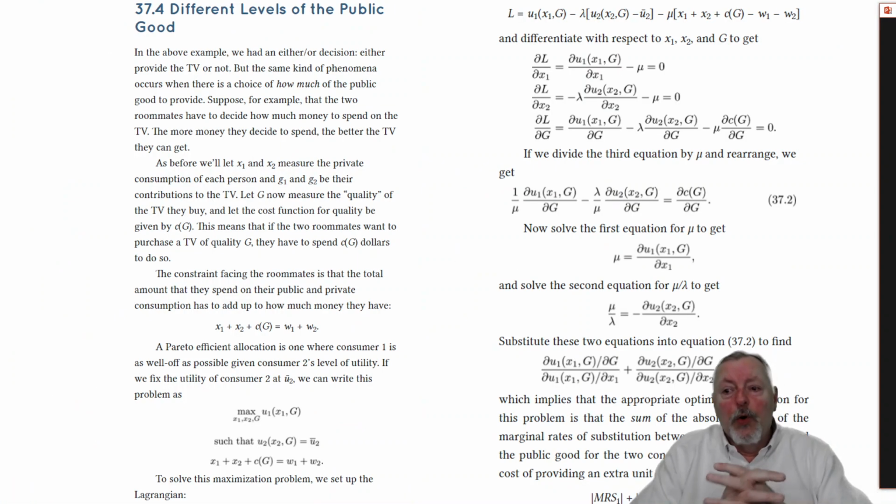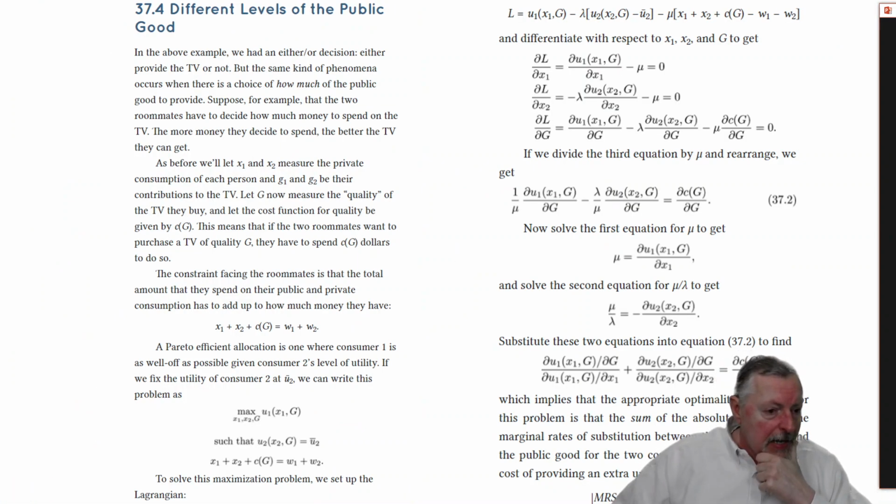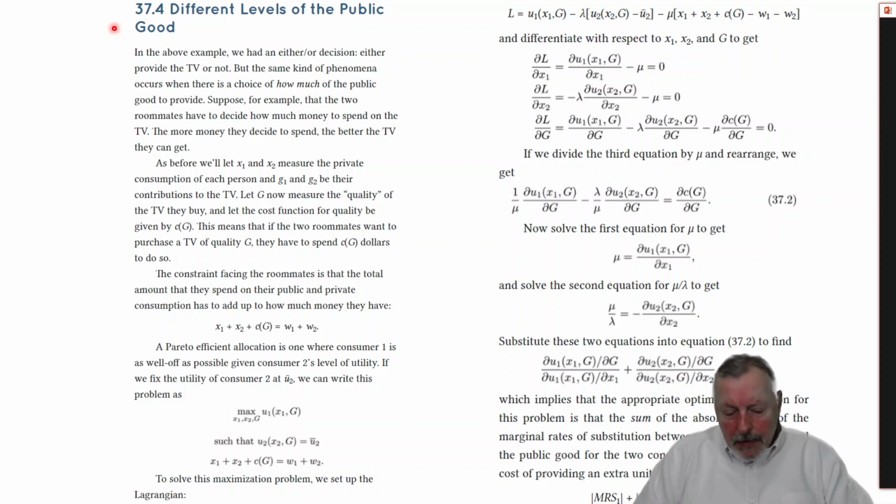First, a word about math. This is a screenshot I took from section 37.4 of our book. Calculus is a prerequisite for this course, but only Calc 1, single variable.